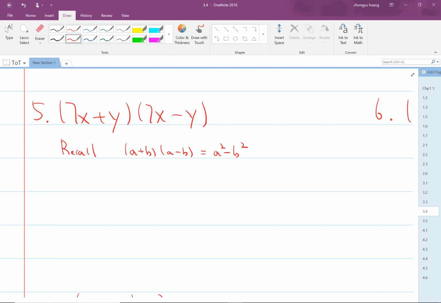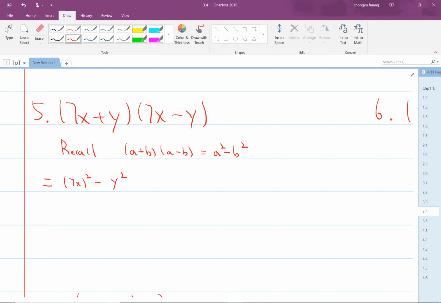So as the property says, a plus b multiply a minus b is equal to a squared minus b squared, right? So right here it's going to be 7x squared and then minus y squared, right?